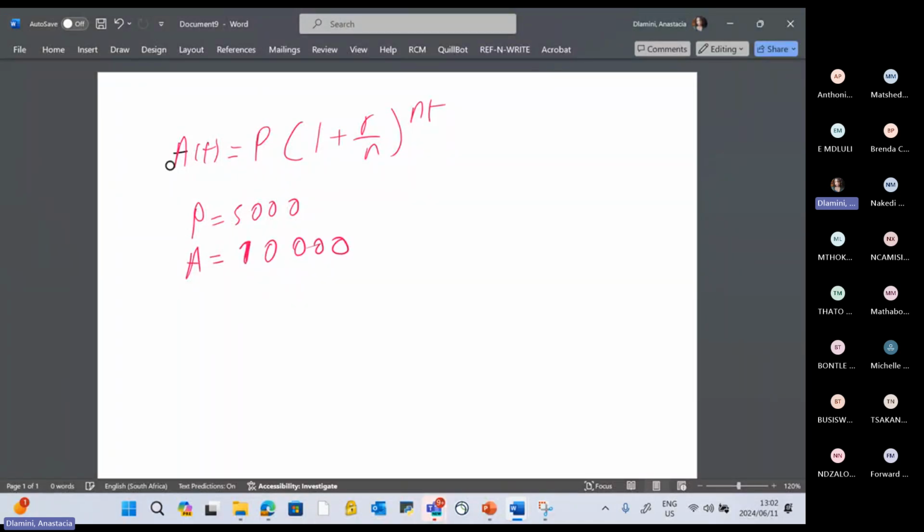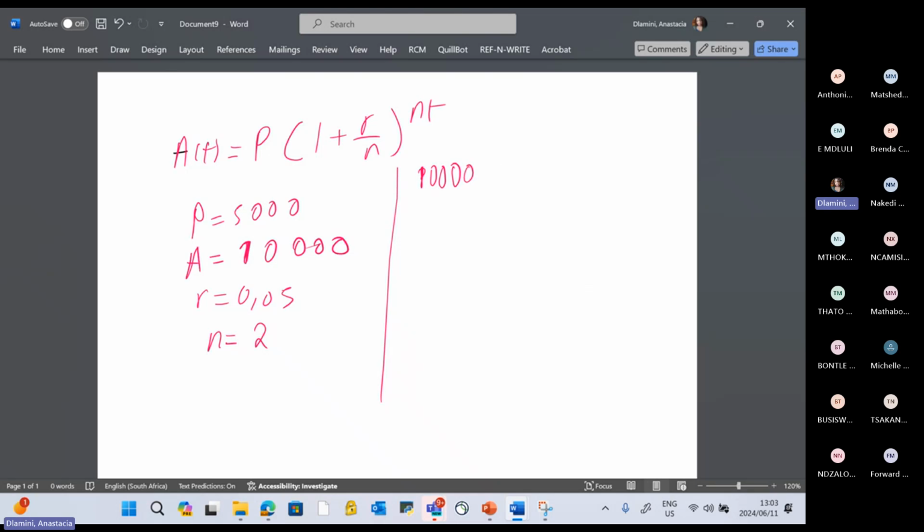We get this 10,000 because they said the amount doubles, right? After that period. So meaning that it becomes 2 times the initial amount. And then we know that r is equal to 0.05. And we know that n is equal to what? n is equal to 2 because it's semi-annual. How many semis are in 1 year? There are 2. Okay?